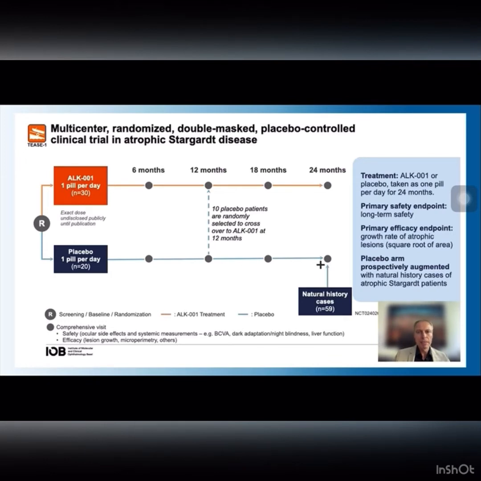The treatment consisted of ALK001 or placebo taken as 1 pill per day for 24 months. The primary safety endpoint was long-term safety, and the primary efficacy endpoint was the growth rate of atrophic lesions, and the placebo arm was prospectively augmented with natural history cases of atrophic Stargardt patients.